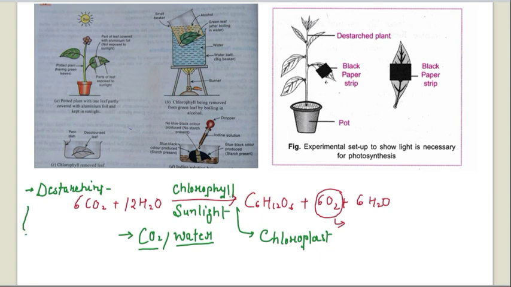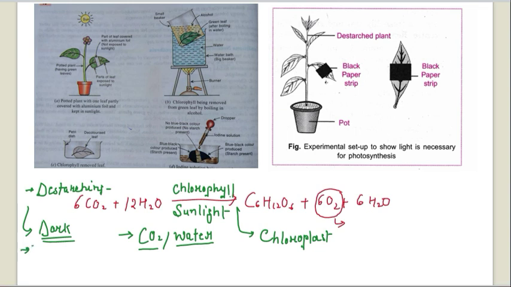De-starching is keeping the potted plant in the dark for some time. In the dark, when light is not there, photosynthesis cannot occur, and the present starch will be consumed. That is what de-starching is, right?